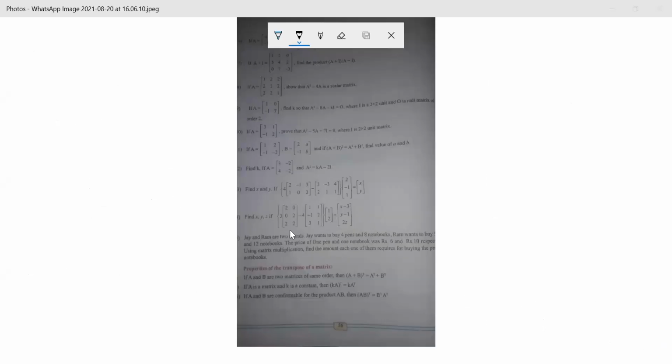Now this 11th: if A is 1 2 minus 1 minus 2 and B is 2a minus 1b, and if A plus B whole square is A square plus B square, then find the value of a and b.